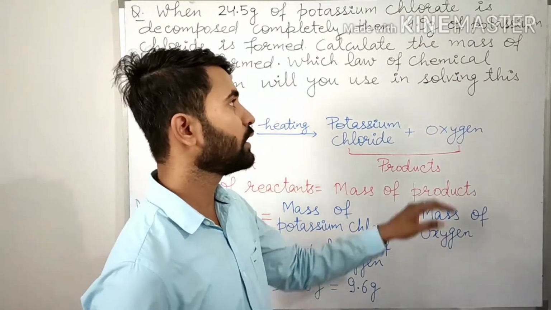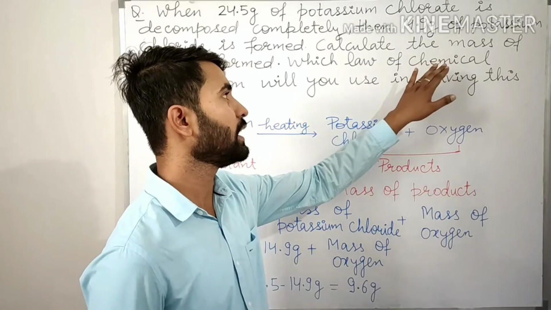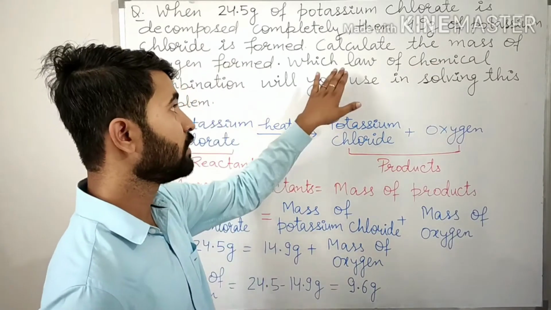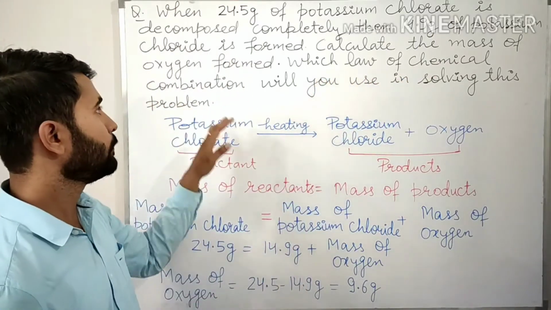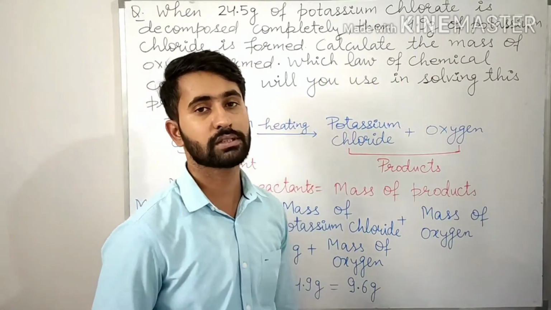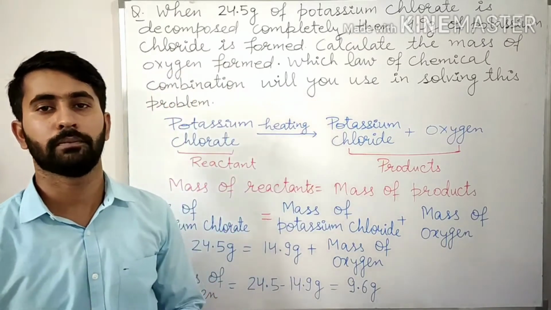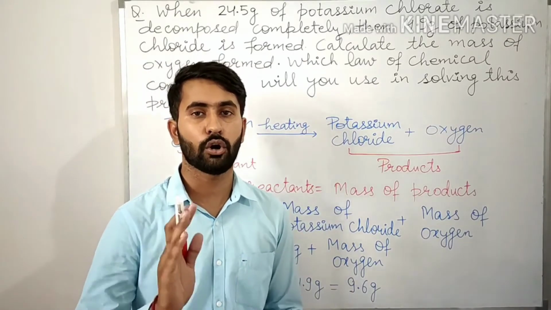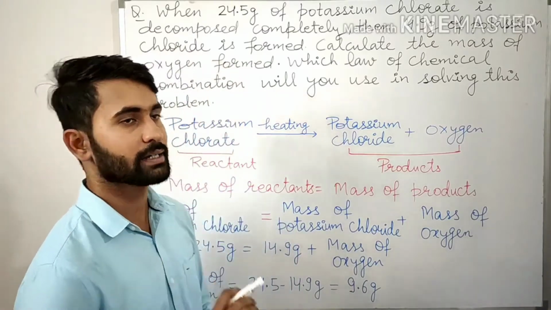Now we have to calculate the mass of oxygen formed. And in the question it is also asked, which law of chemical combination will you use in solving this problem? For solving this problem, we will use the law of conservation of mass.